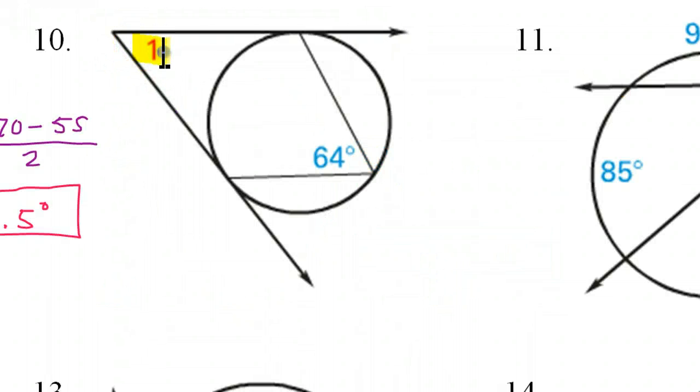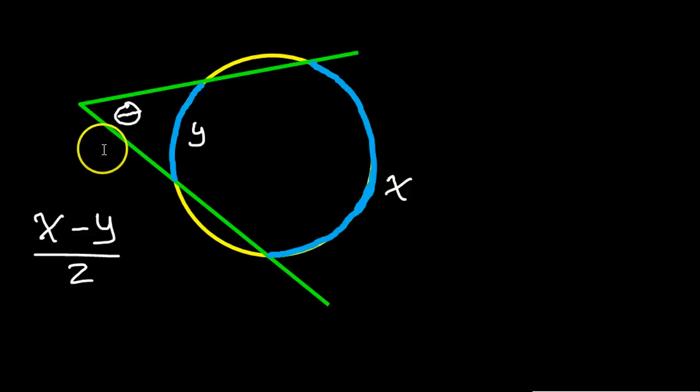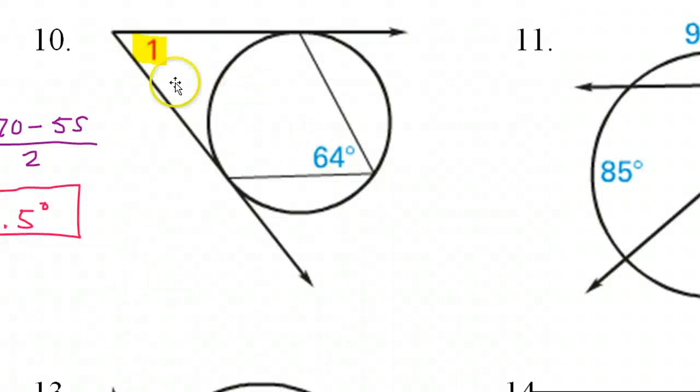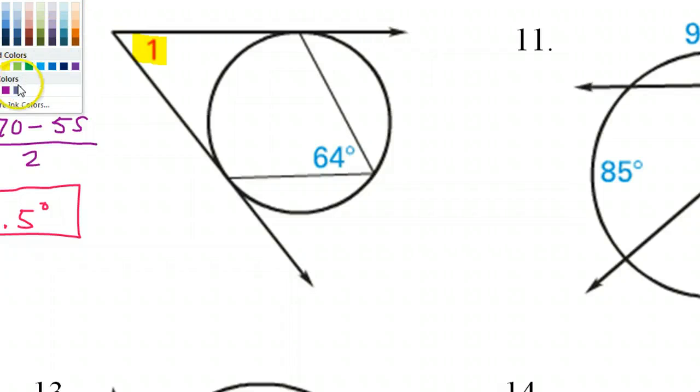Once again I see angle 1. That's my target. And once again, I'm outside the circle, so I am using this formula where the angle equals the big arc minus the small arc divided by 2. So, in this picture, what is the big arc and what is the small arc being intercepted? Well, I'm glad you asked that question.